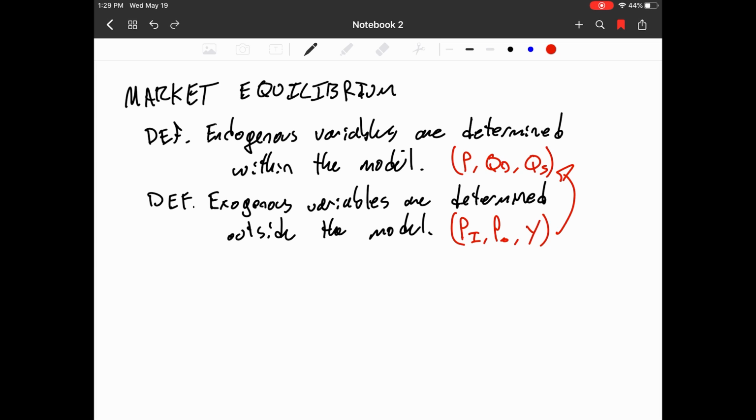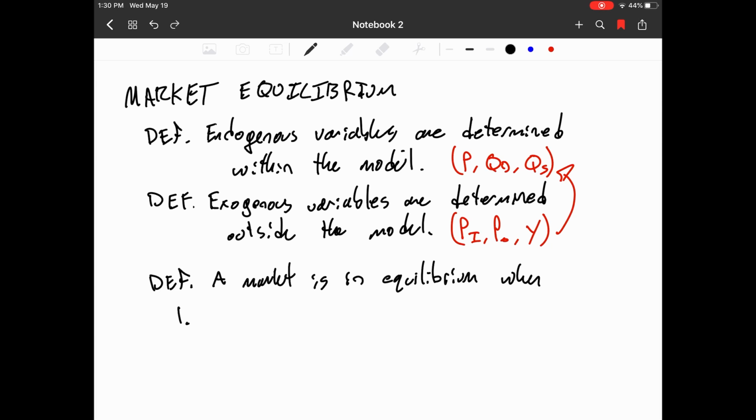So let's do another definition here, and then we'll get into some math. So we say a market is in equilibrium when two conditions hold.